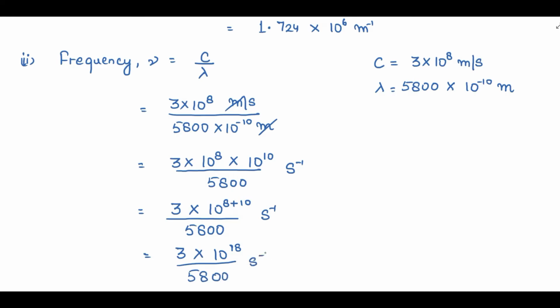5800 second inverse. Now, can I write this 10 raised to power 18 as 10 raised to power 4 plus 14? I am having powers in addition, that means these are in multiplication. So 10 raised to power 4 into 10 raised to power 14, right?